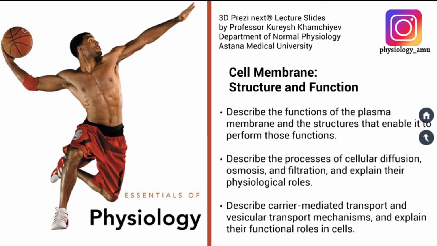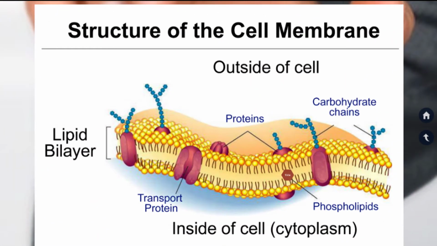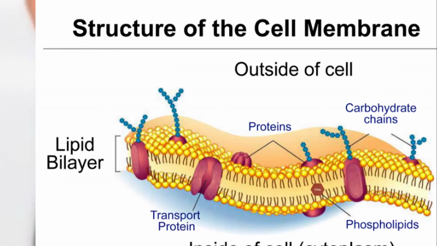Structure and composition of the cell membrane. The cell membrane is an extremely pliable structure composed primarily of back-to-back phospholipids, a bilayer of phospholipids. Cholesterol is also present, which contributes to the fluidity of the membrane, and there are various proteins embedded within the membrane that have a variety of functions.